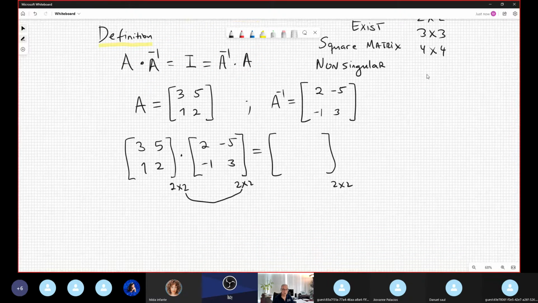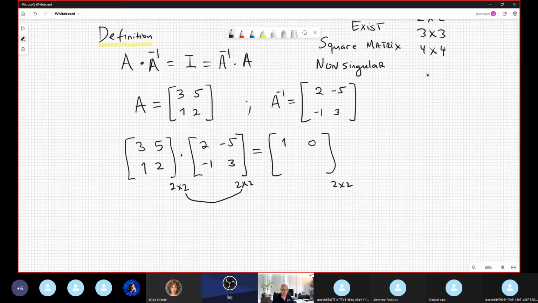Remember the multiplication. You multiply first row and first column: 2 times 3 is 6, plus 5 times -1 is -5, and 6 minus 5 is 1. Now the second element, first row and second column, is -15 and +15. Excellent.